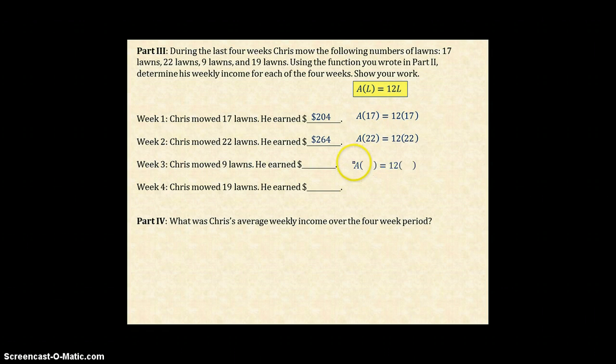In week 3, he mowed 9 lawns, so our input into the function is going to be 9, and the output, 12 times 9, is 108. For week 4, the input is 19 lawns, 12 times 19 is the output, 228.